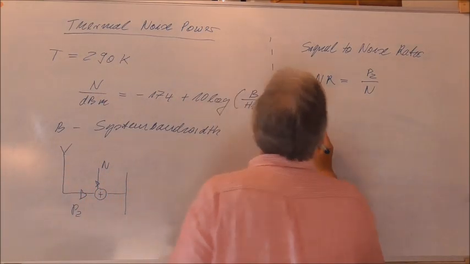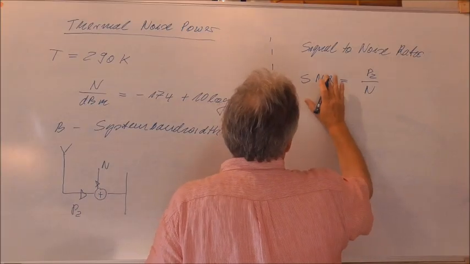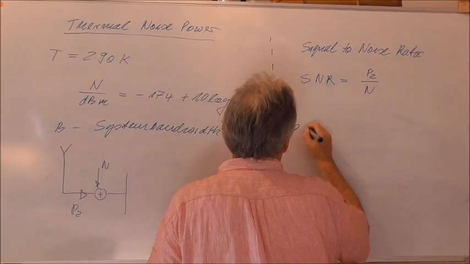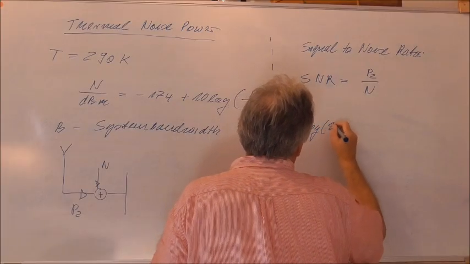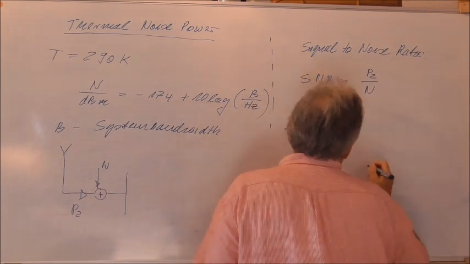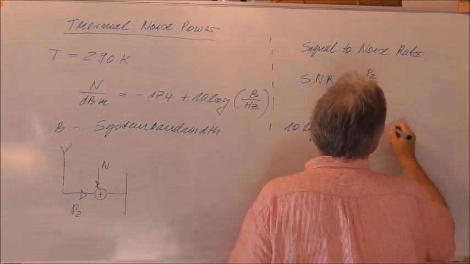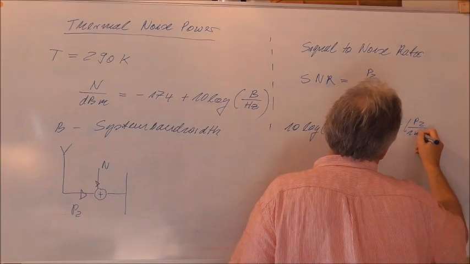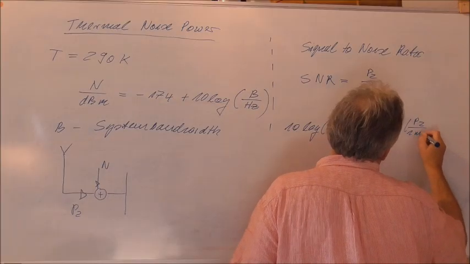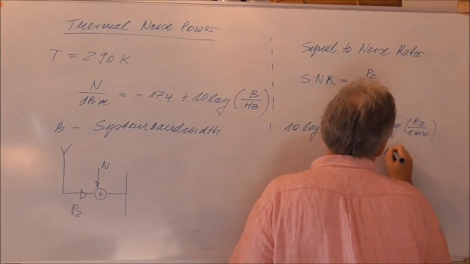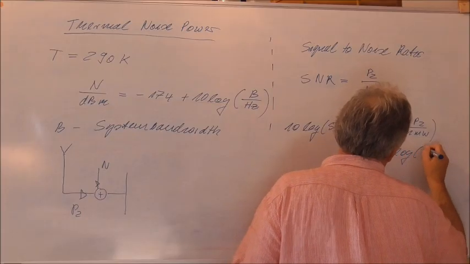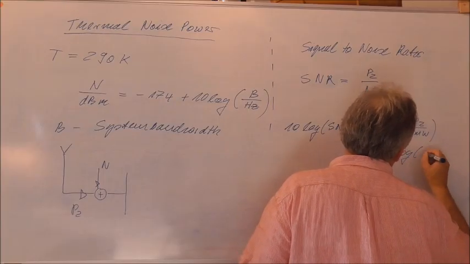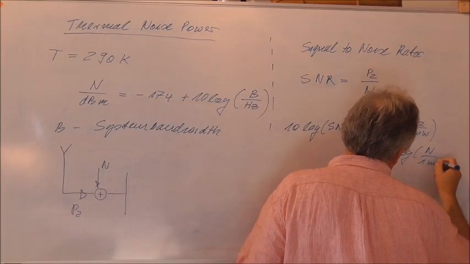Of course, we can also convert the signal to noise ratio to dB. This means we take 10 times log of SNR, and this is then 10 times log of P2 with reference to 1 milliwatt minus 10 times log of the noise, also with reference to 1 milliwatt.